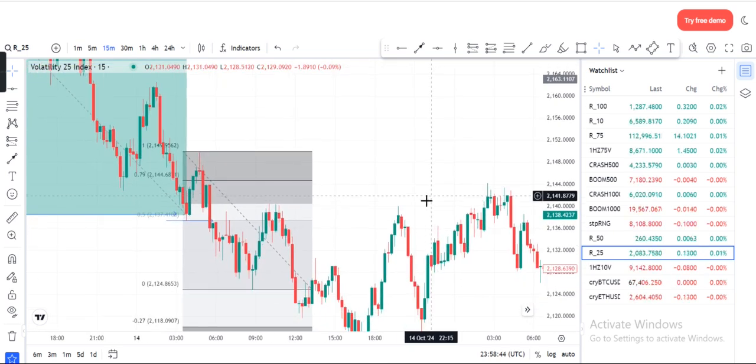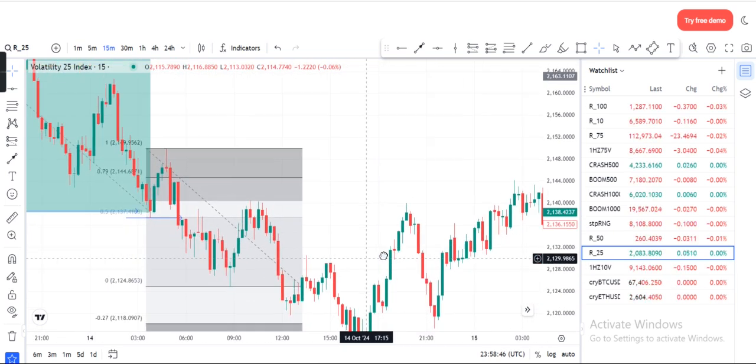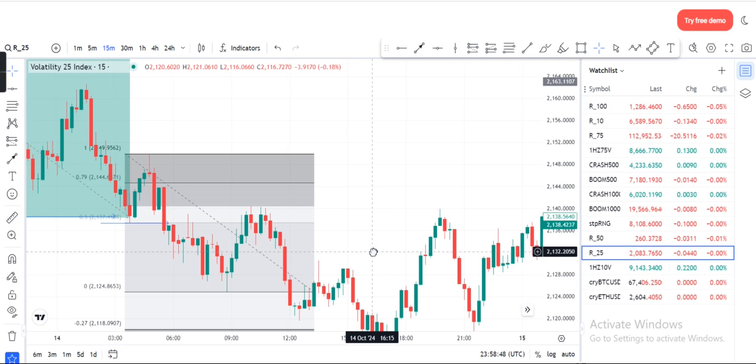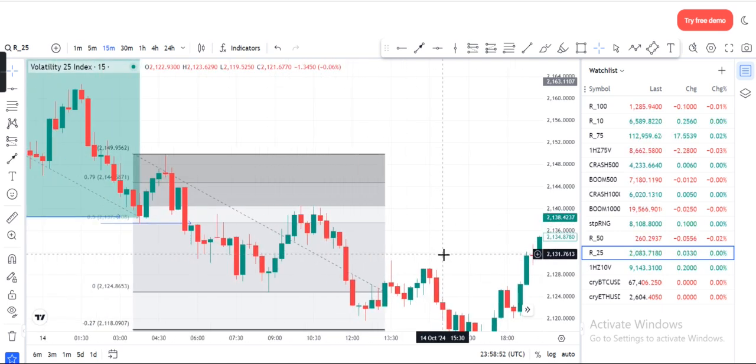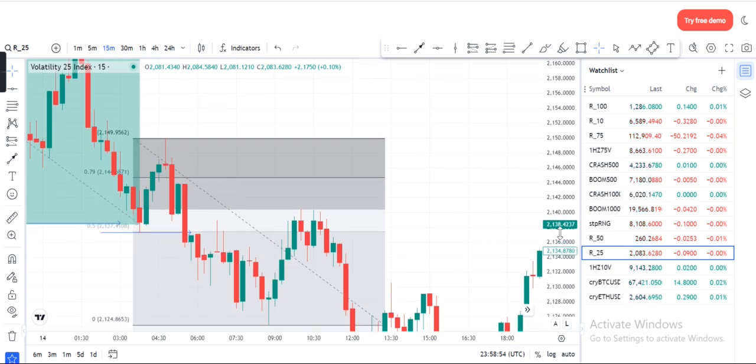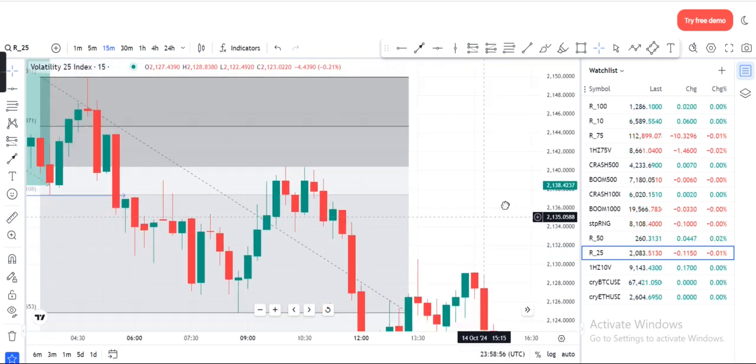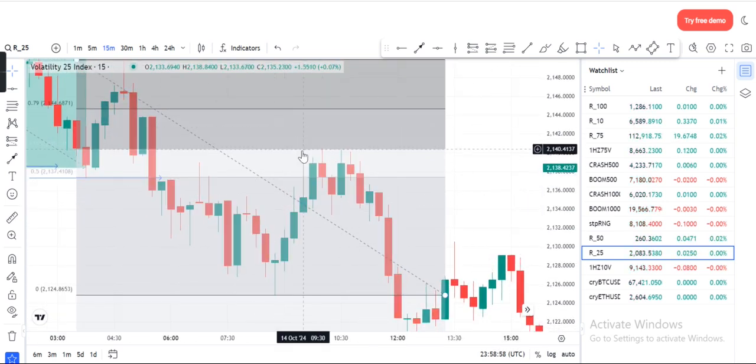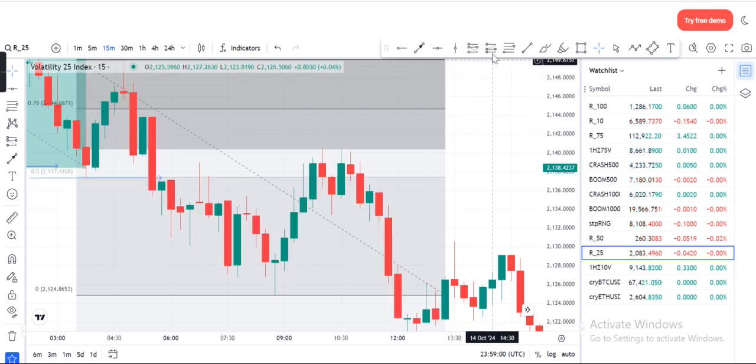Actually, this trade actually got triggered, but it triggered with a peep. You understand? That is why I'm actually trying to narrow it very down. So you can see it triggered with a peep.